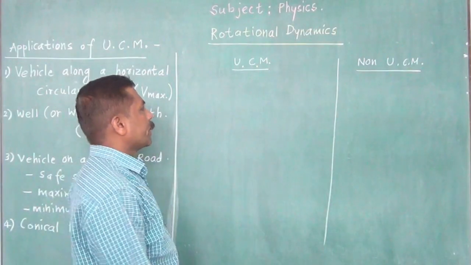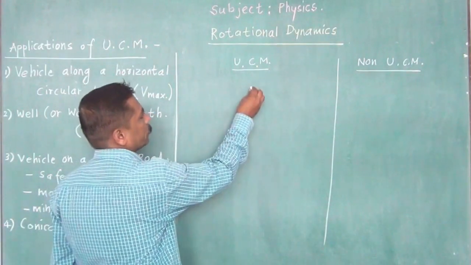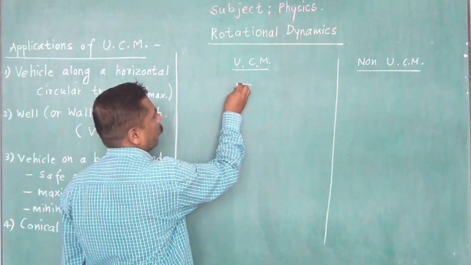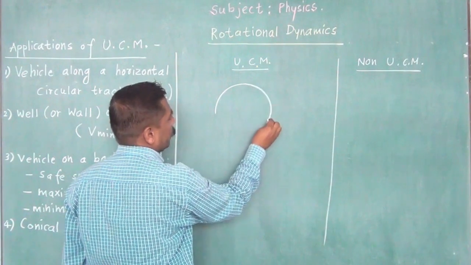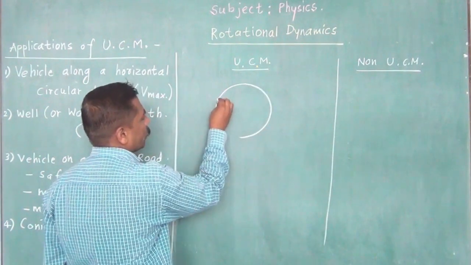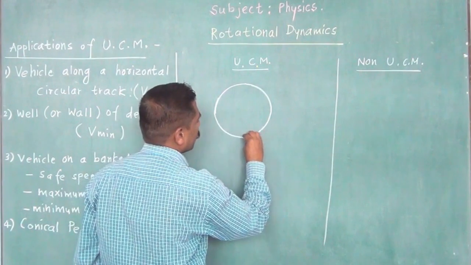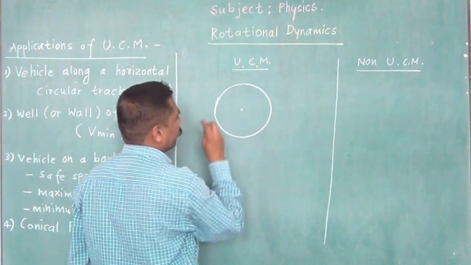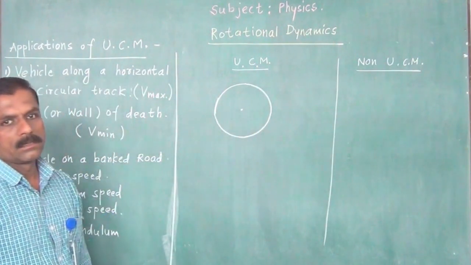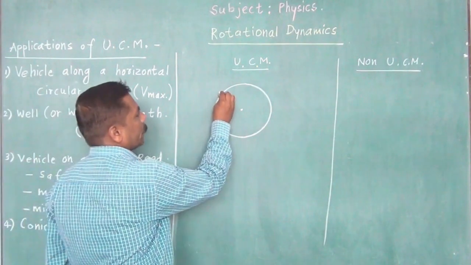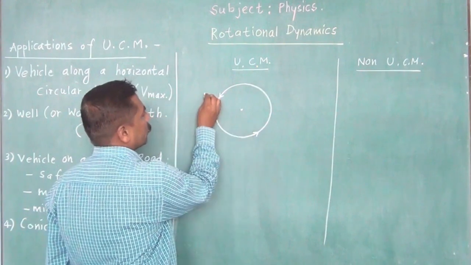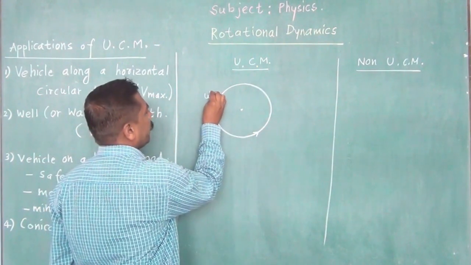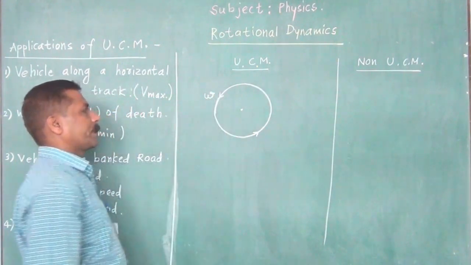Now we know the definition of the circular motion. With the help of that definition, we can define the uniform circular motion. Means this is a type of circular motion in which the particle is moving with constant linear speed or angular speed.